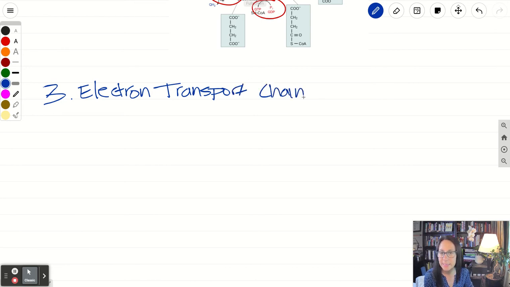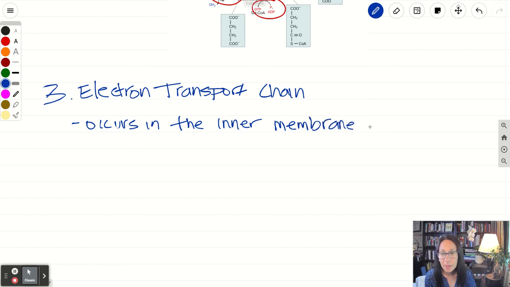And what's happening in this step, it happens in the mitochondria, but this is the most important step to generate the most ATP. Okay, so this is where the money is being made. This is where most of the ATP comes from. So I'm going to say it occurs in the inner membrane of the mitochondria.